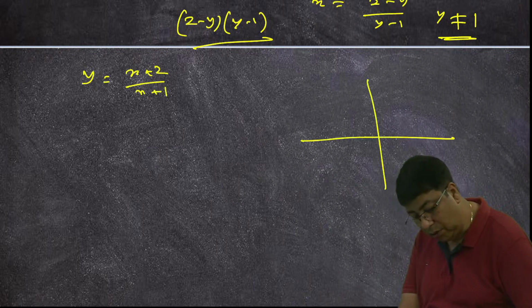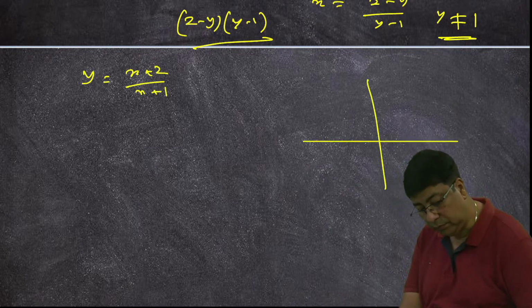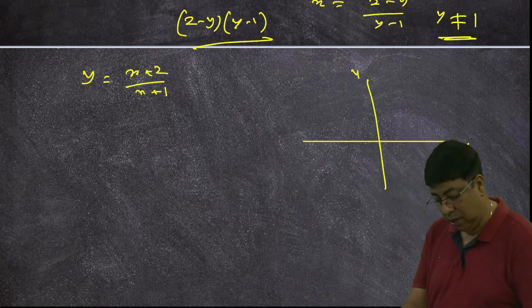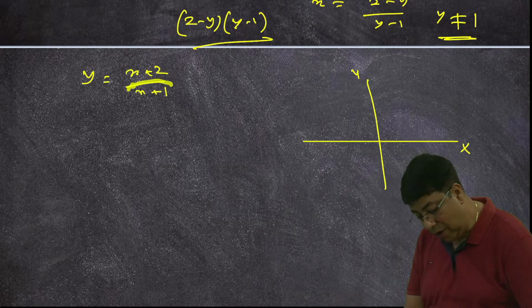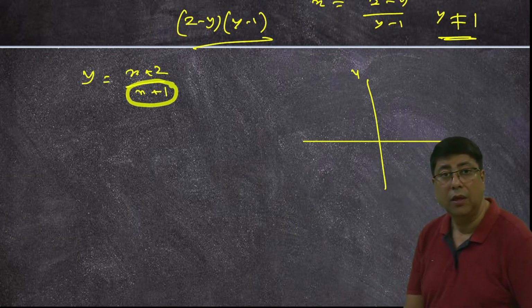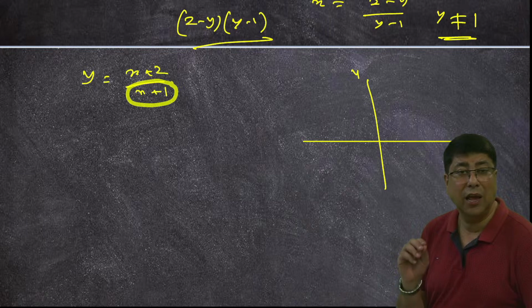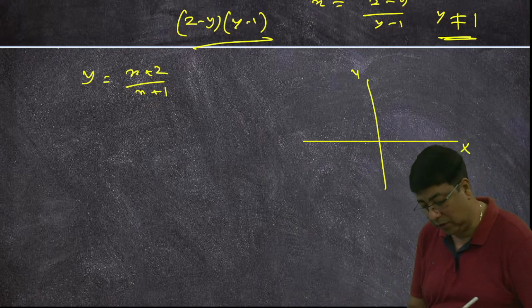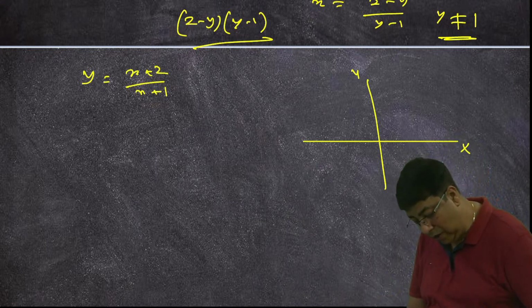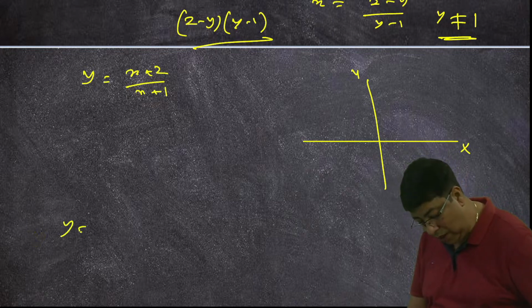Let's draw the axes, x and y. First of all, we have to see that x equal to minus 1 is the vertical asymptote. What is an asymptote? An asymptote is a line which meets a curve at plus or minus infinity. For example, y equal to e to the power x.